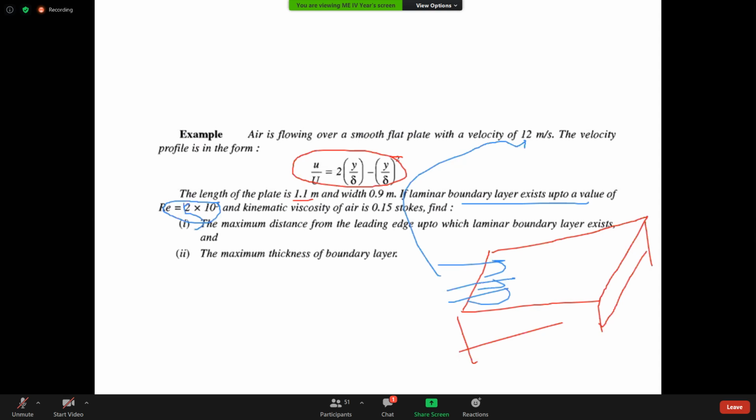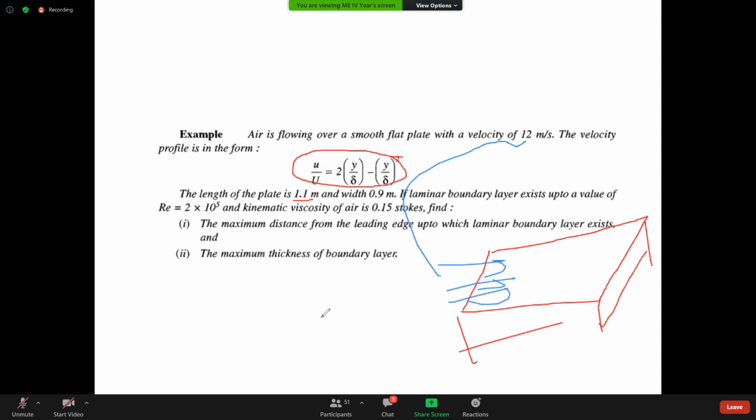And the kinematic viscosity is given in Stokes. Whenever it is given in Stokes, you are supposed to convert it into meter square per second by multiplying by 10 to the power of minus 4. You must know the conversion from Stokes to meter square per second.